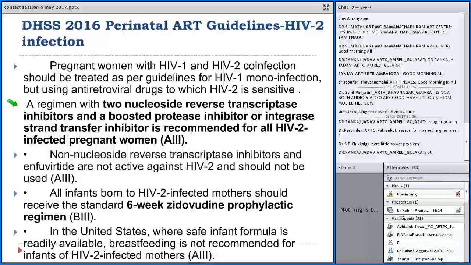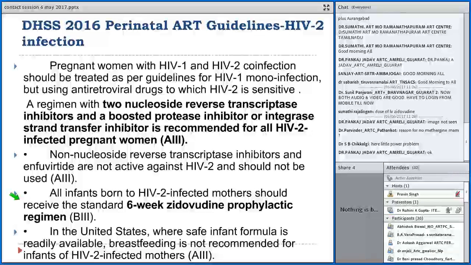This is the difference between them, because they have integrase strand transfer inhibitors available, so that can be used as a first line therapy for HIV-2 infected pregnant women. Remember that NNRTIs are not active against HIV-2, so they should not be used.